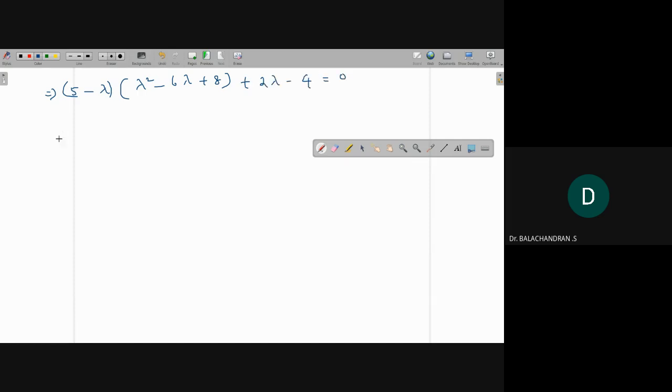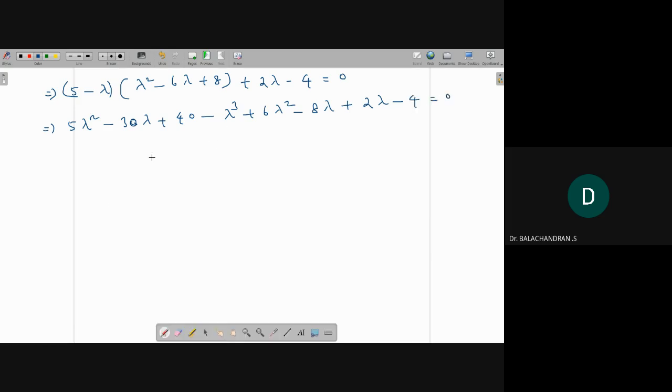Now multiply, we will get 5 lambda square minus 30 lambda plus 40 minus lambda cube plus 6 lambda square, minus 8 lambda plus 2 lambda minus 4 equal to 0.